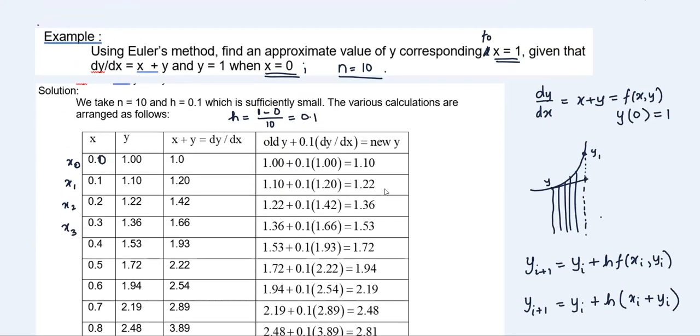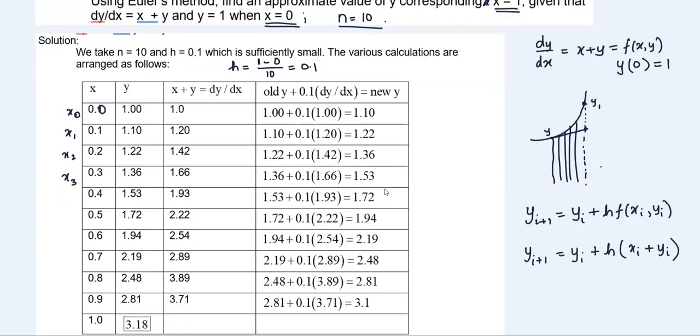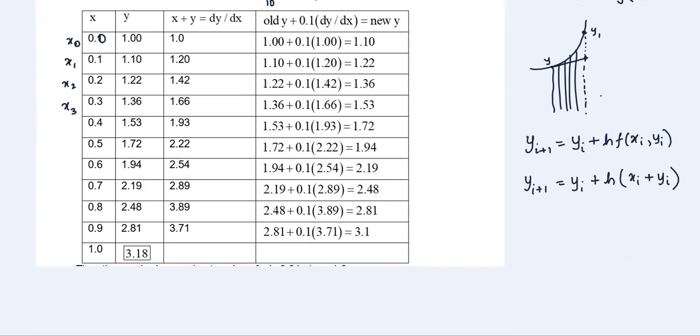This is the iterative step. So this x plus y is dy by dx. Now what this statement says is yi plus 1 is equal to yi plus h times dy by dx.